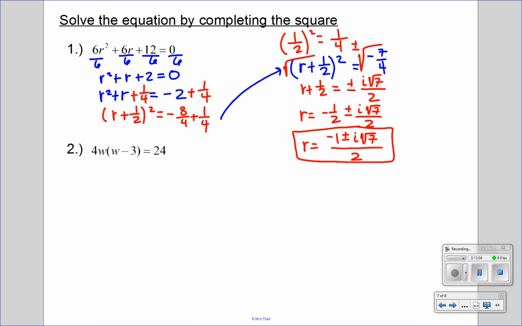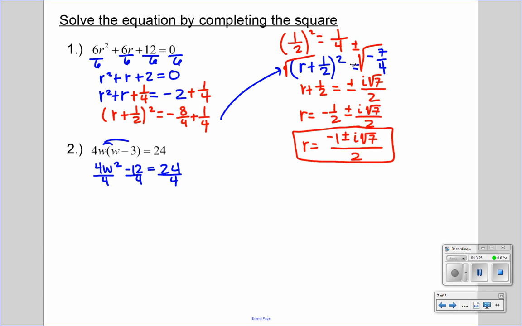Now, if you notice, this is not in standard form. So the first thing we have to do is distribute. So we're going to get 4w squared minus 12 equals 24. Now our a and our b are isolated, but our leading coefficient is not 1. So we're going to have to divide everything by 4.